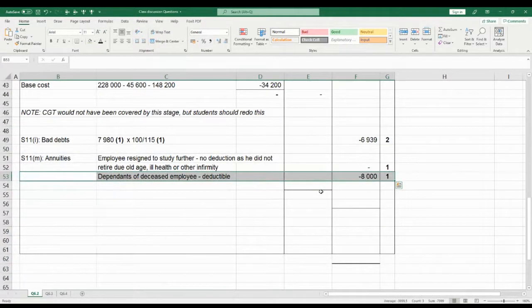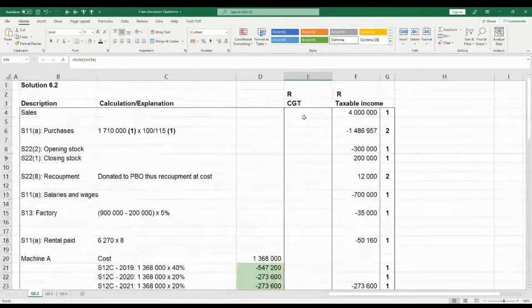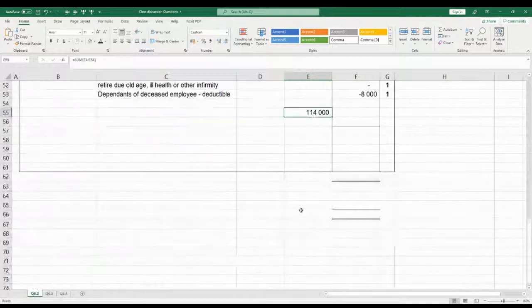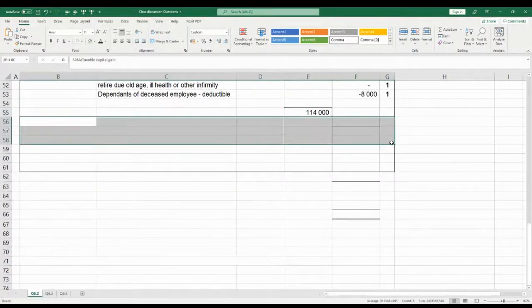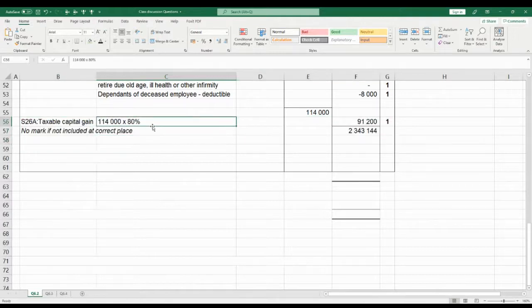Now, because we do not have any other capital gains, you then add up all the capital gains in that column, which means our capital gains for the year is 114,000, but only 80% of that is taxable.